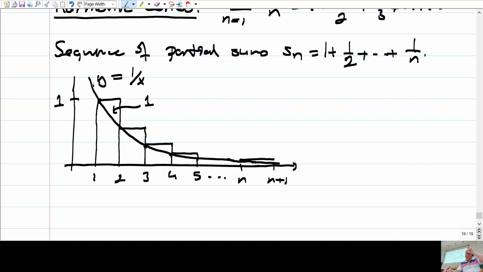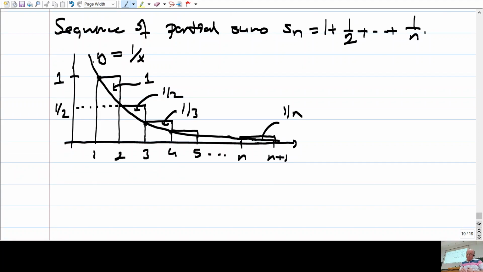Why is that? Because this is the curve 1 over x. So when x equals 1, the y coordinate is 1. What about the area of this rectangle? This thing is just 1 over 2. So the height is 1 over 2. Base length is 1. Therefore, the area of this rectangle is 1 over 2. What about the area of this one? 1 over 3. And the area of this one will be 1 over n, right?